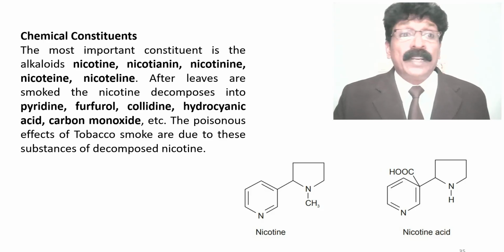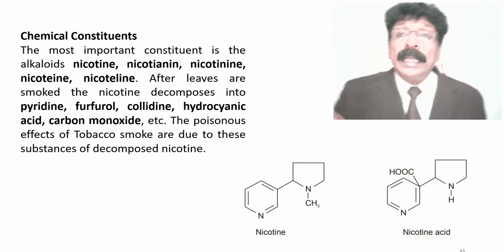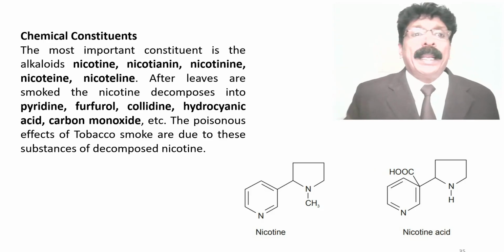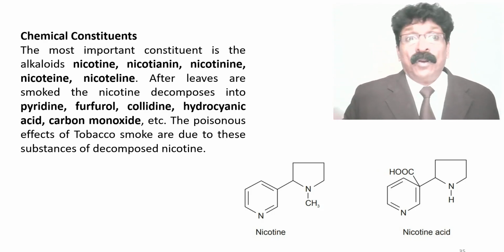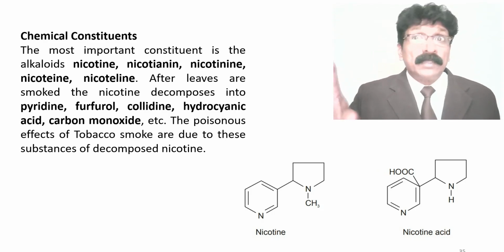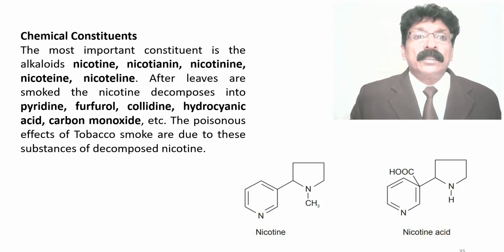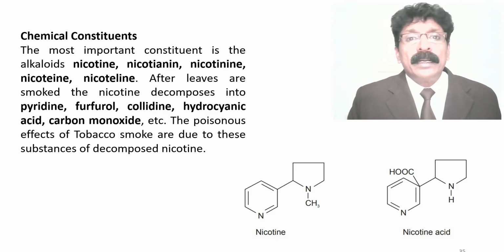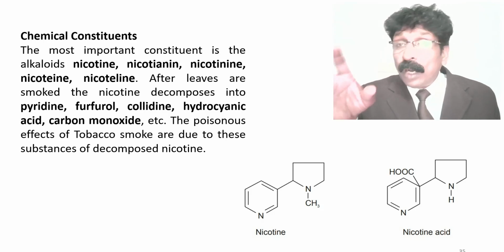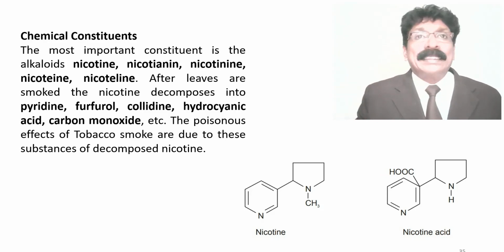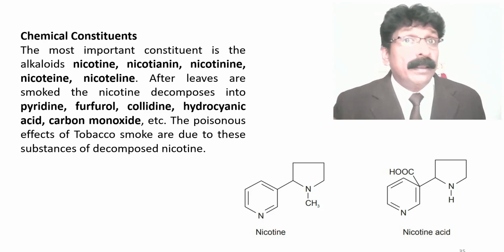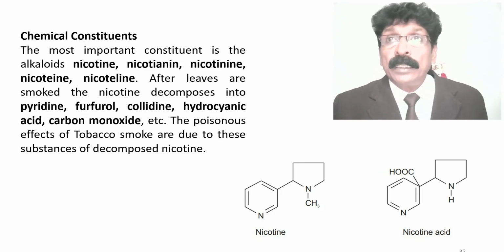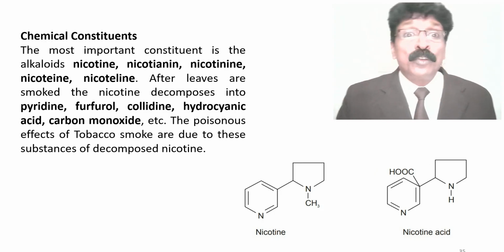After leaves are smoked, the nicotine decomposes into pyridine, furfural, because of the 5-member ring structure, choline, hydrocyanic acid, and carbon monoxide. That's why the passive smoker will be more affected than the active person who smokes.